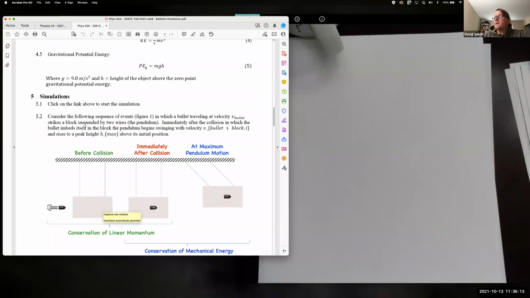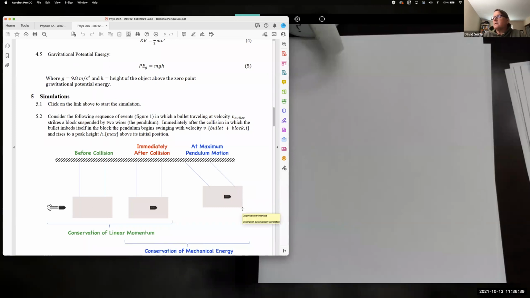It embeds itself in this, say, block of wood. So that's a completely inelastic collision, and we assume that this collision happens over a very short period of time, because taking too long could be one of the errors. And then the pendulum moves up, and we have some maximum motion of the pendulum. So we want to measure its height.